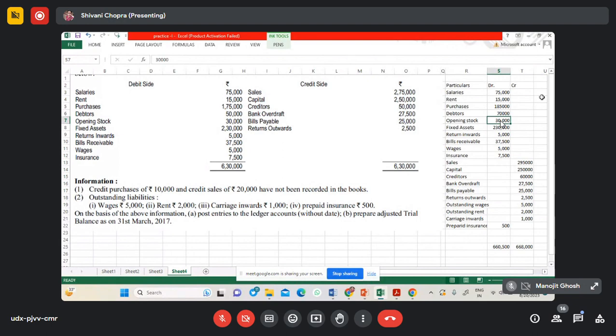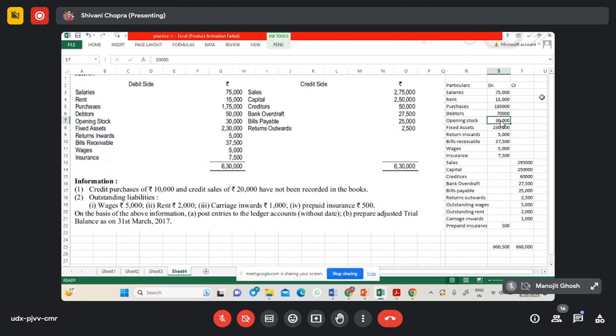What is the other effect of this? Expenditure also increased. Wages increased by 5,000, rent increased by 2,000, carriage inwards increased by 1,000, and insurance decreased by 500.